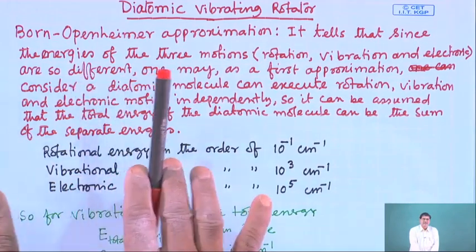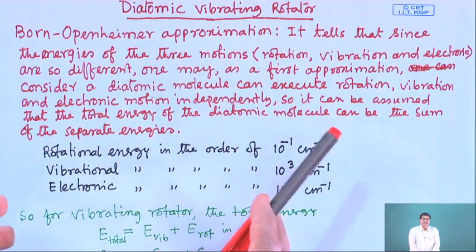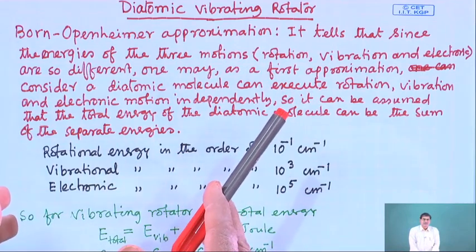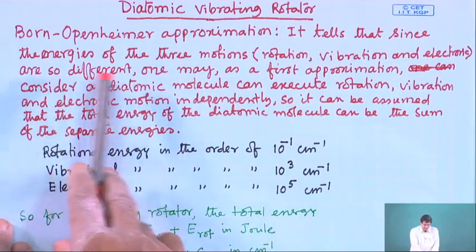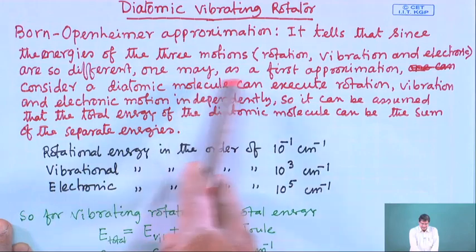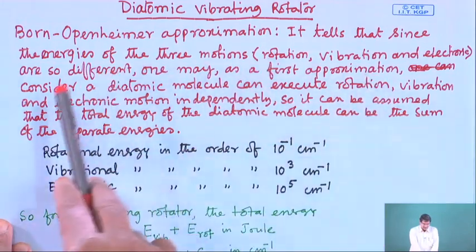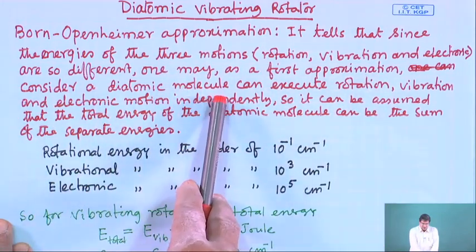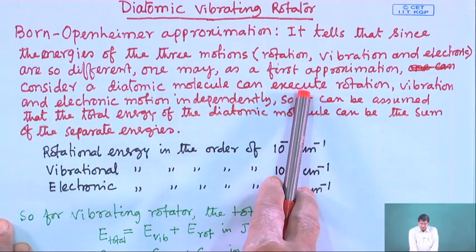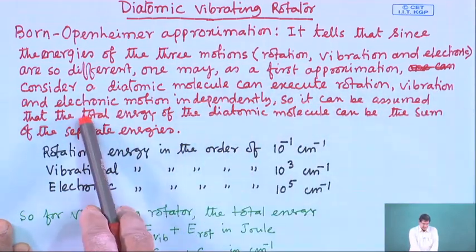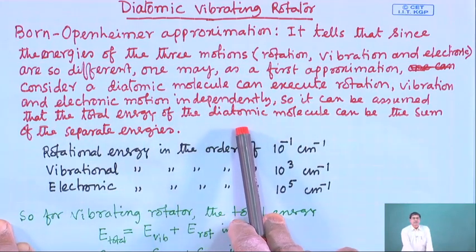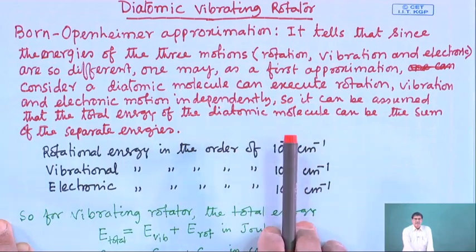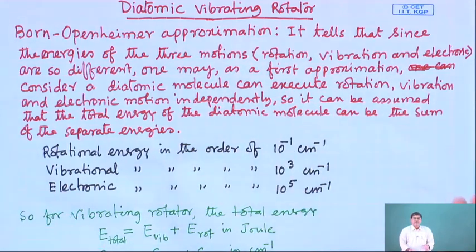They are not very close. So, as a first approximation, one may consider a diatomic molecule can execute rotation, vibration and electronic motion independently.